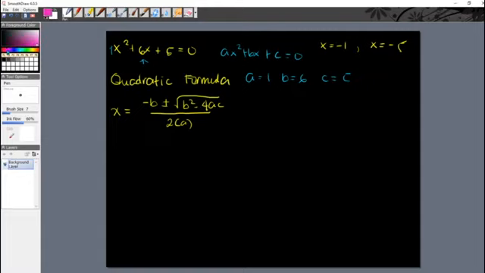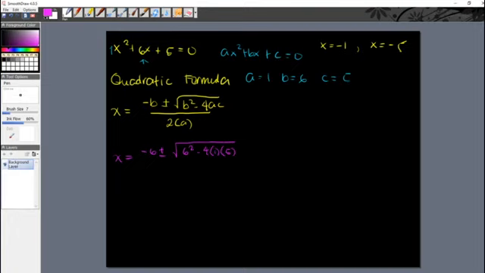So let me change to a different color. So here, this becomes what? X equals negative 6 plus minus square root of 6 squared minus 4ac. Sorry. Instead of writing a, I'm going to write a is 1 actually, and c is 5. So let me extend the radical symbol here.